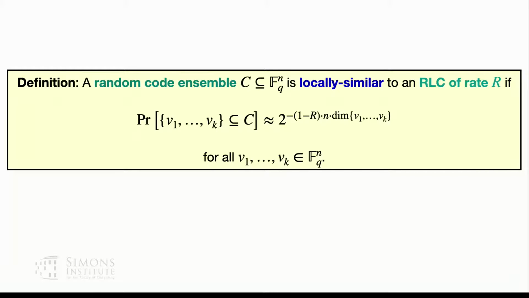And what we can now prove is that there do exist codes that satisfy this definition. We're going to talk about it later. But right now, I can tell you that every code that's locally similar to a random linear code also has the same list decodability properties that were gained with a lot of work about random linear codes.